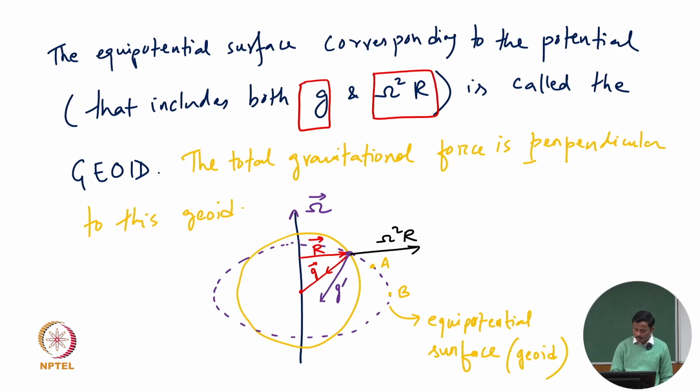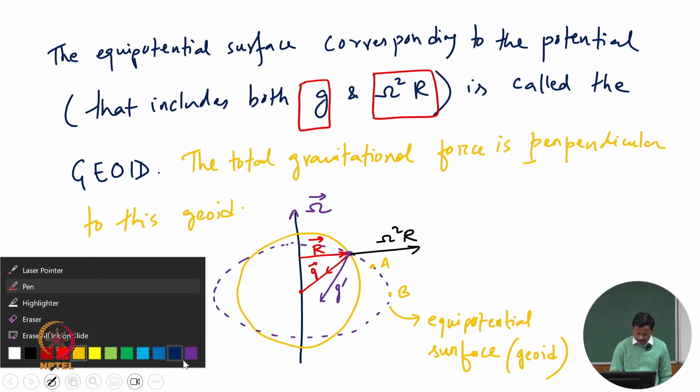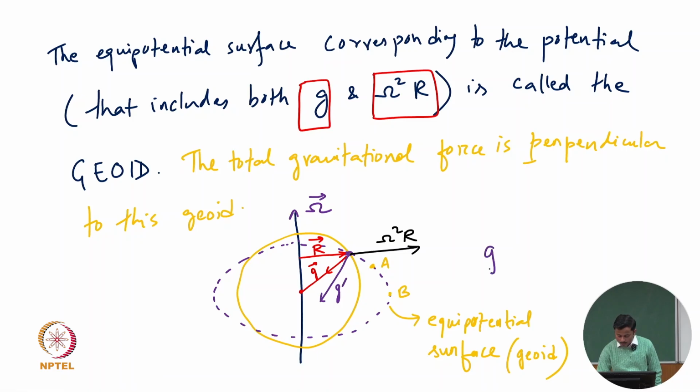G prime in this case is the effective gravity, one due to the Earth's mass and one due to the centrifugal acceleration. So we'll drop the prime.